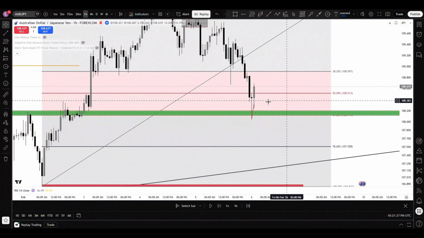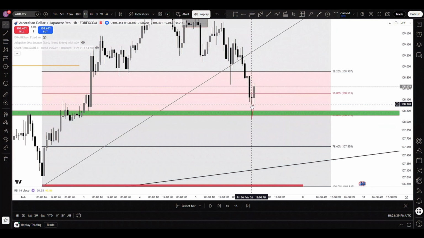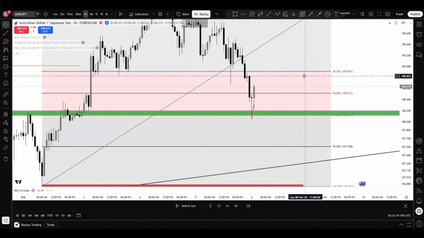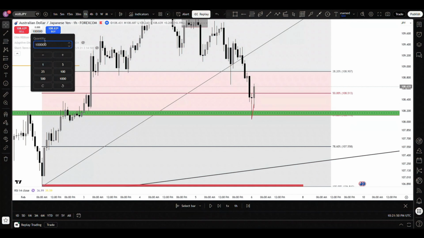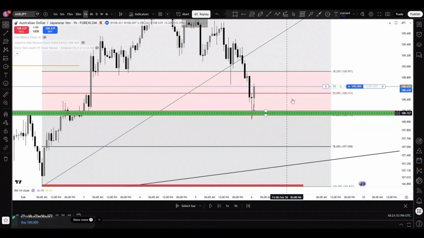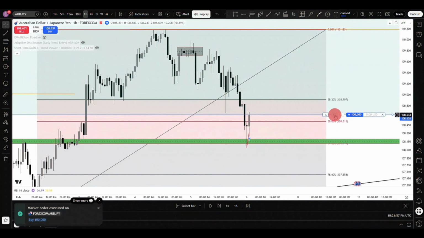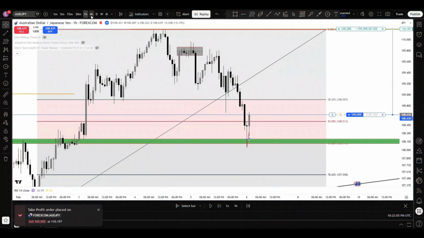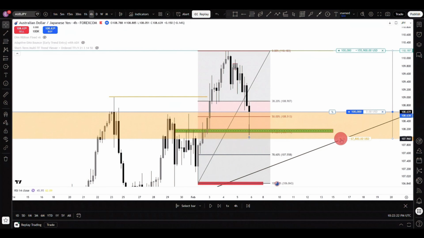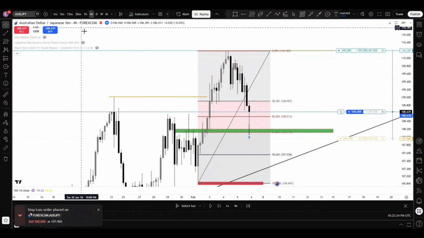So if you're going to get in, now would be your ideal time to take a buy. So this would be where you get in. And what you would want to do is target the most recent high on whatever time frame you trade. You'd put your stop loss below support and then you would wait.